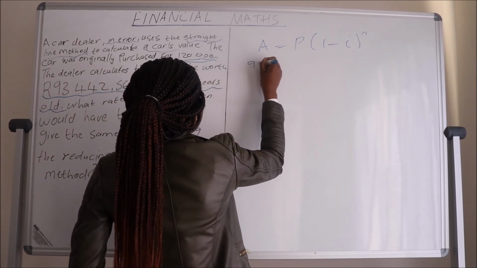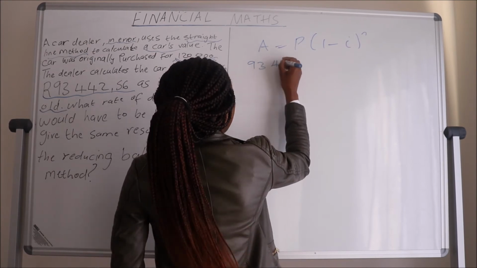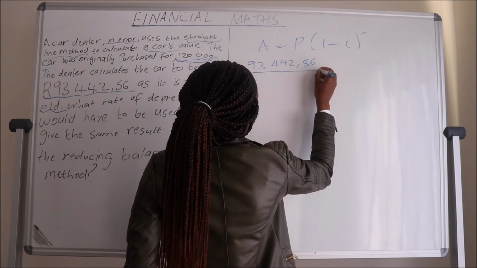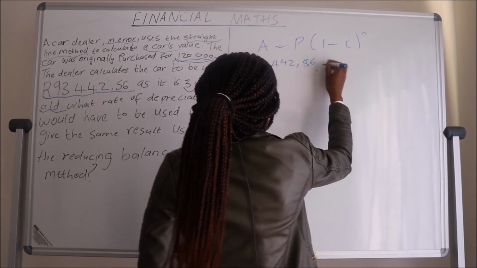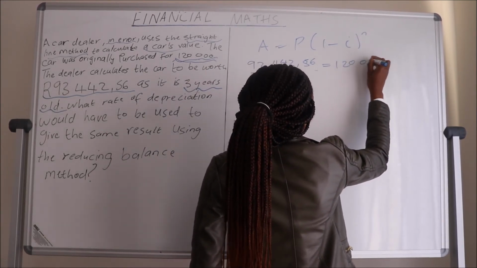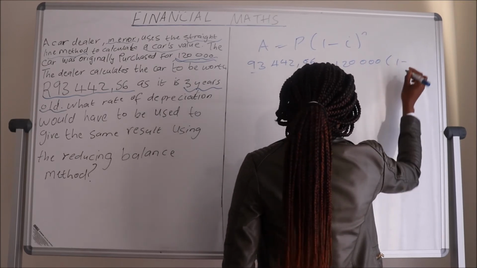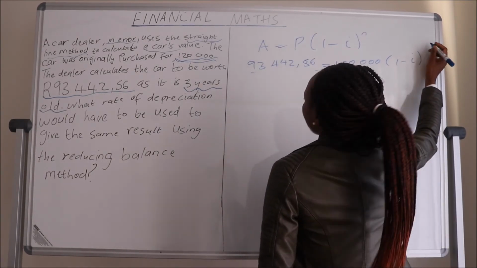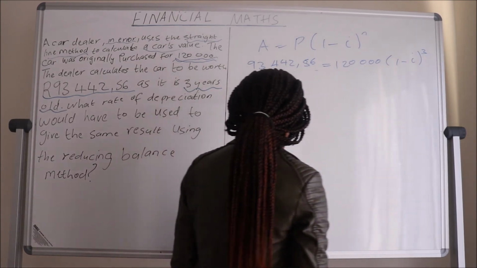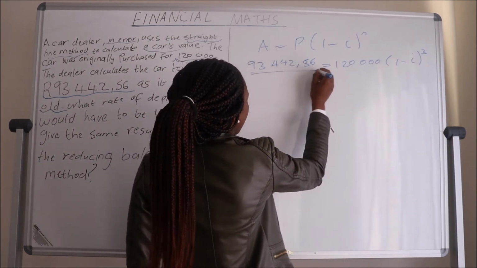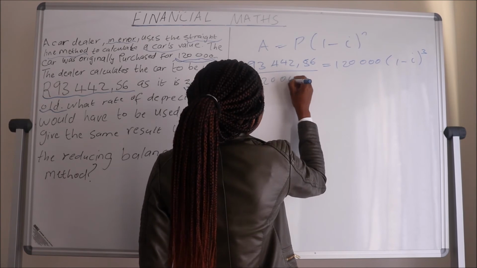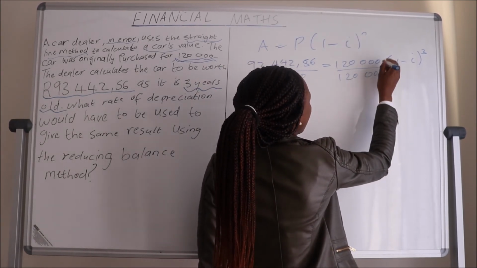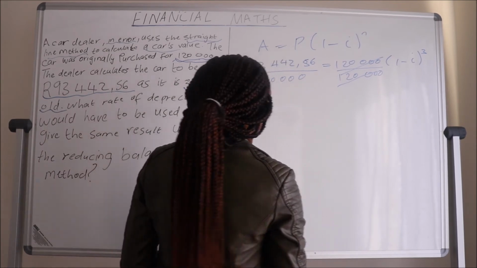Here we have 93,442.56, and I won't divide this time, and it's equal to 120,000 into 1 minus i, which is what we're looking for, and n, the number of years, is equal to 3 years. Then I will divide both sides by 120,000. This will cancel out, and I will be left with that.